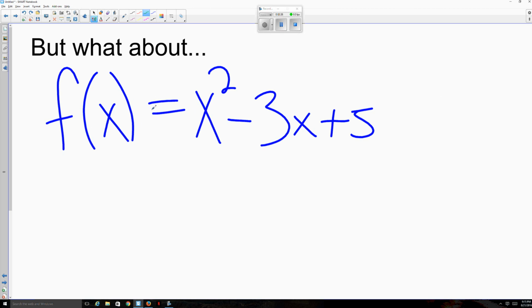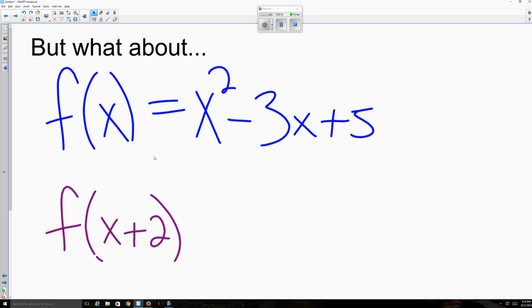But what about this scenario? Here I have f of x equals x squared minus 3x plus 5, the same idea. But now what if I have f of x plus 2? How does that change things? Well, the same thing.